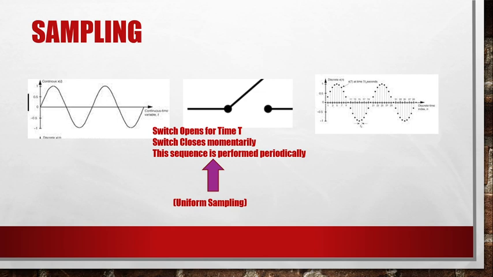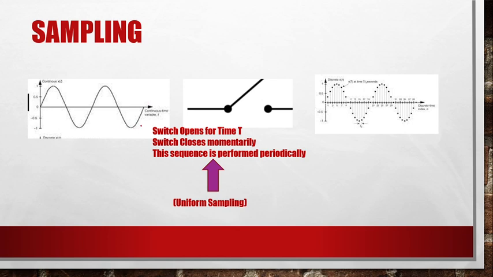Now we do this sampling on a continuous signal. So you know what is a signal? Signal is basically information with respect to time. The magnitude of the signal, the information, may vary with respect to time, and that magnitude we get is actually the signal for us.